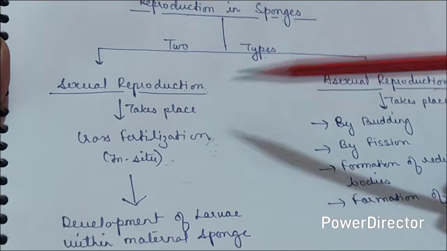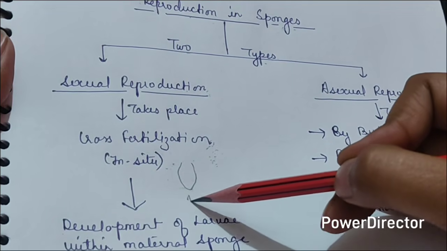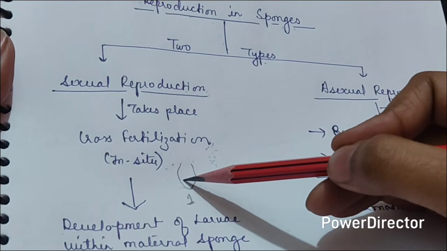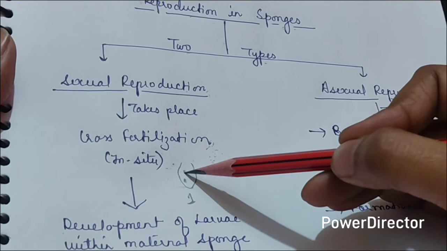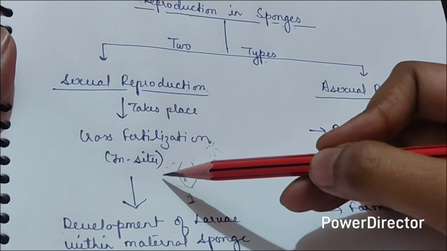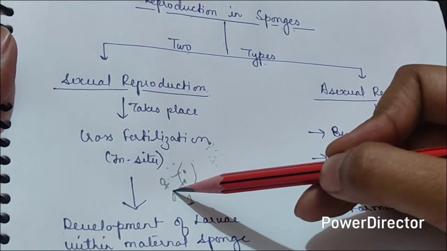Generally what happens is that, suppose this is the body of one sponge, and this sponge consists of, as we all know, the male gamete and the female gamete. Suppose this is the female gamete and this is the male gamete.